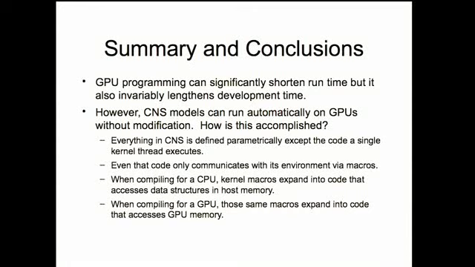I've been talking about biological vision and algorithms that simulate biological vision, but I've taken the opportunity of being here at this conference to focus on the framework that Jim's been developing, and so I'm going to conclude with some of the advantages of CNS.